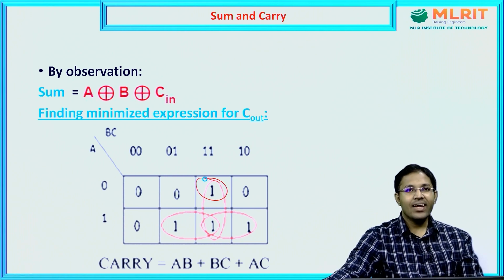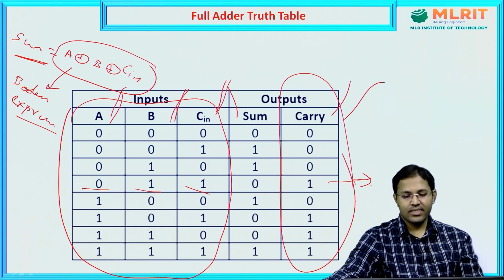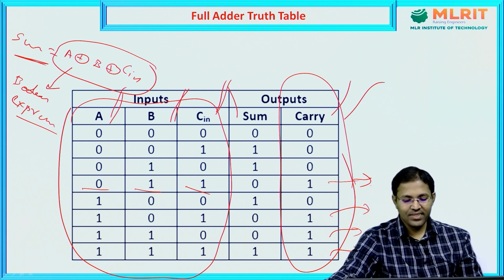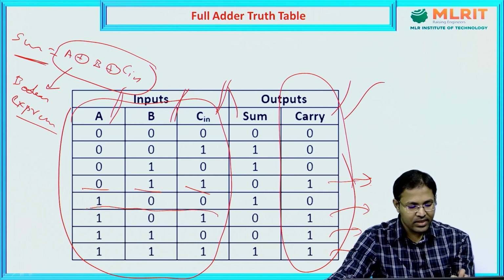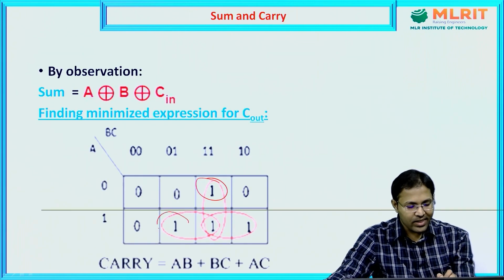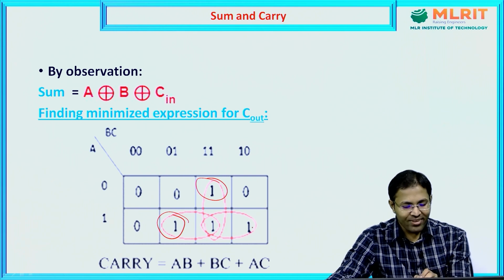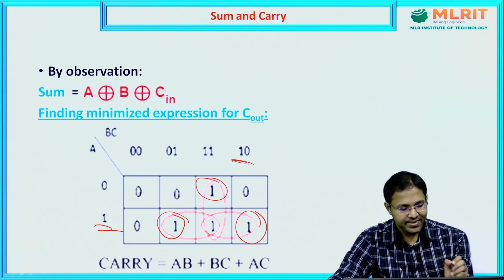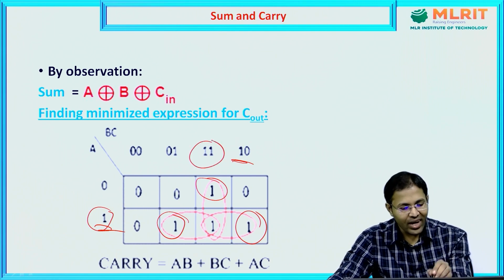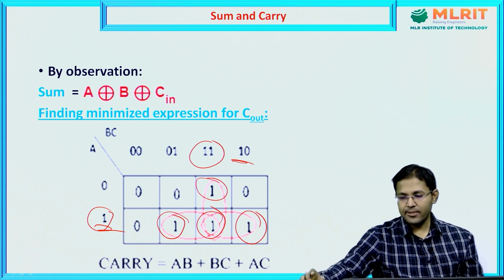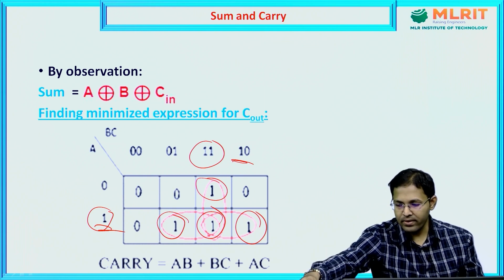Next, likewise, remaining where all we have ones, there are 3 places. What are the 3 places? 101, 110, 111. 101 here, 110 here, and 1 1 1 here. All 3 places we are going to put ones. So that is the first step.